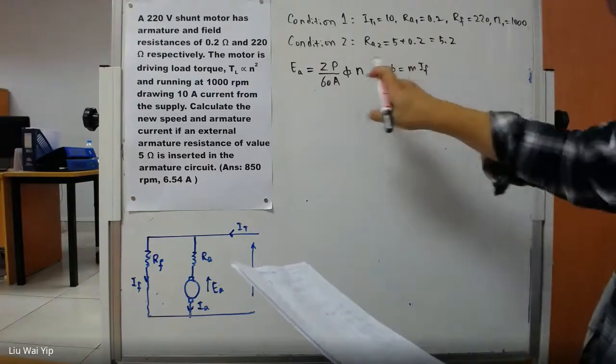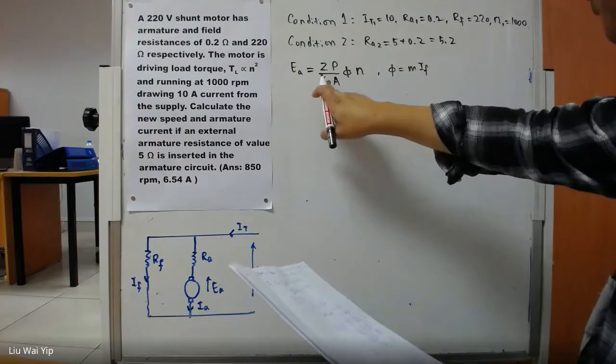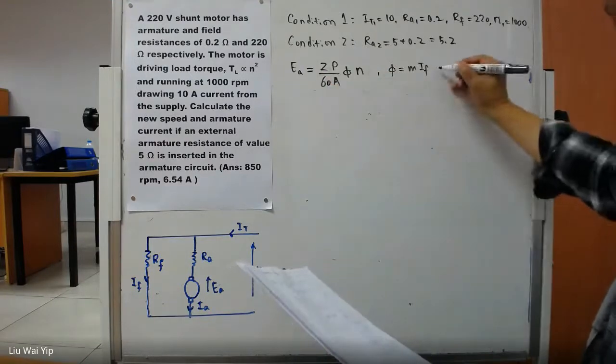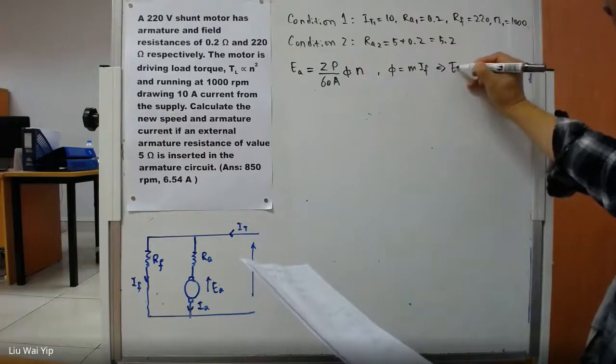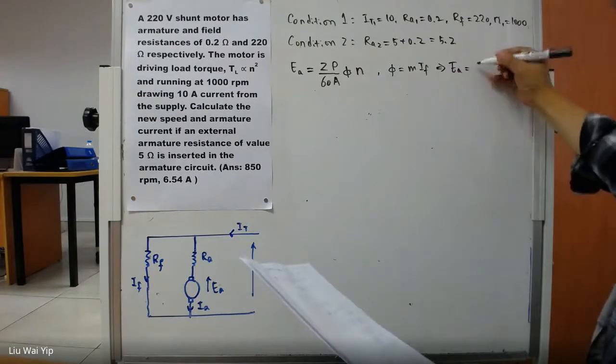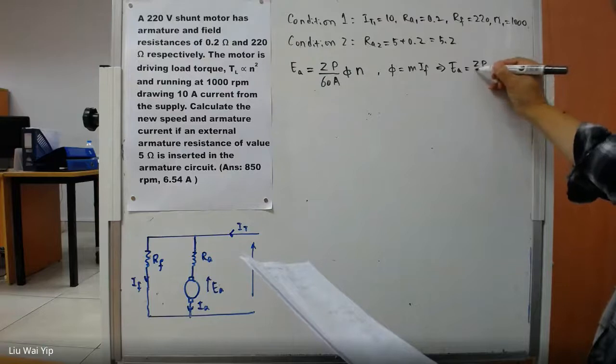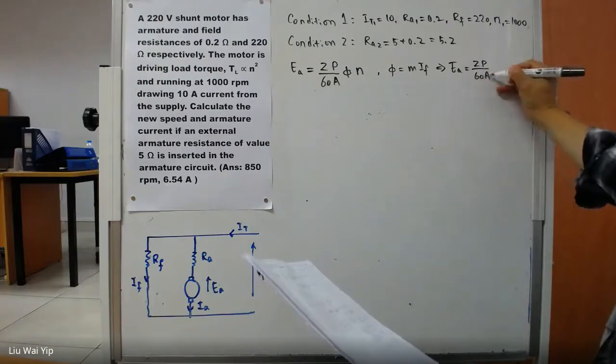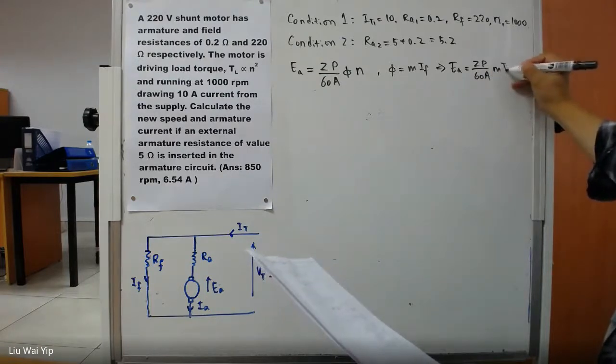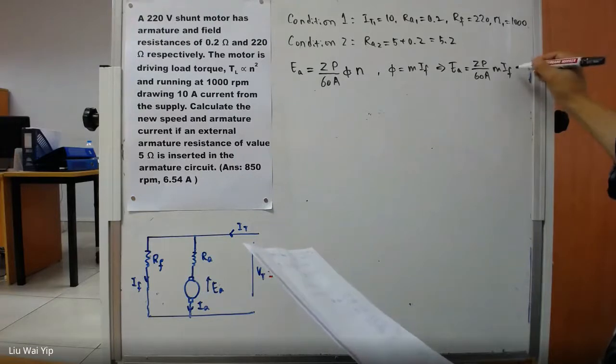So if we substitute the flux into the original formula, then we will end up with ZP over 60A and then K IF and then N.